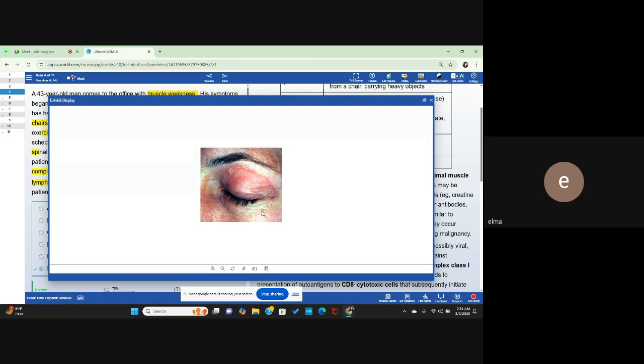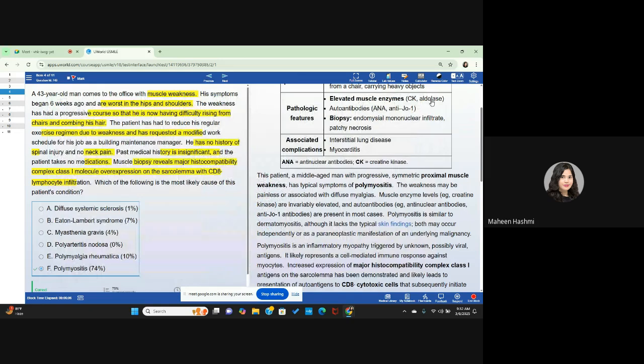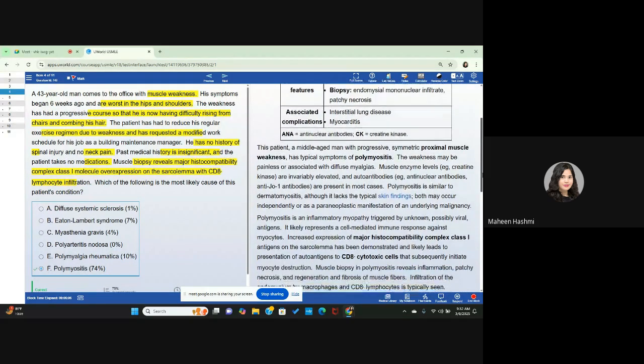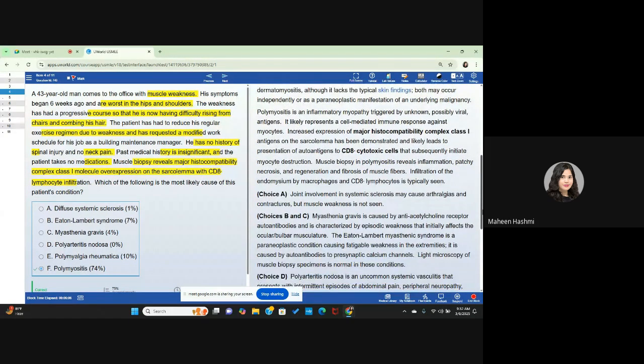Gottron papules are usually present on the hands and knees. This is a heliotrope rash, very, very high yield for dermatomyositis. You also see CD4 lymphocytes there. That's very important for you to remember.